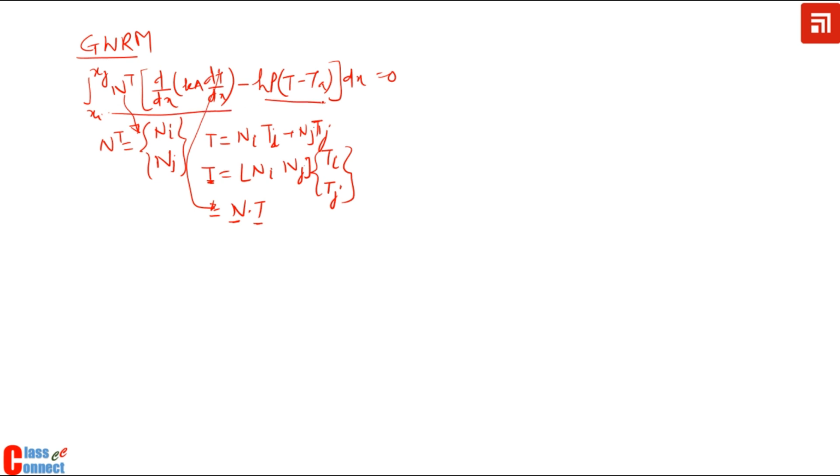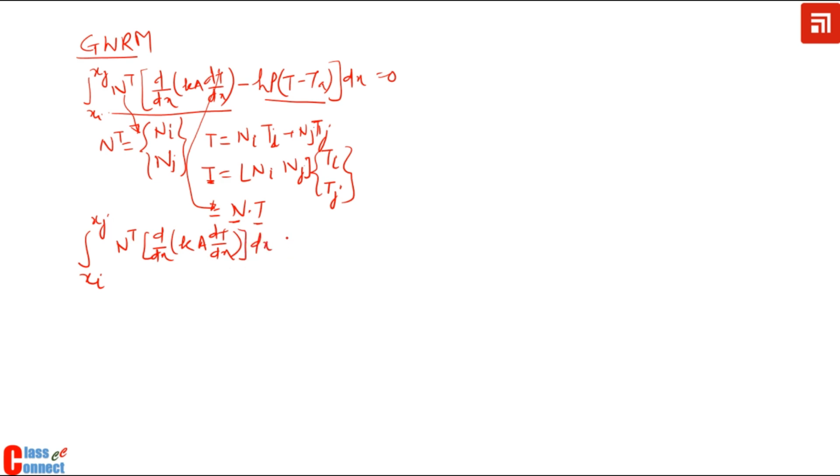This second part we will take up later. So let us focus on the first part, how to simplify it. It is integral from xi to xj of N transpose d over dx of (k A dT/dx) dx.